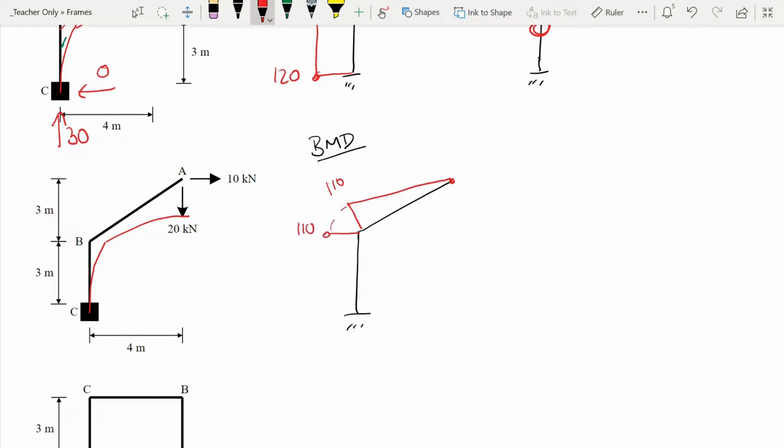And now, do we have more moment at C? Yes, we do. So it's 20 times 4, 80, plus 10 times 6, 60. So we're going to get a moment here of 140.